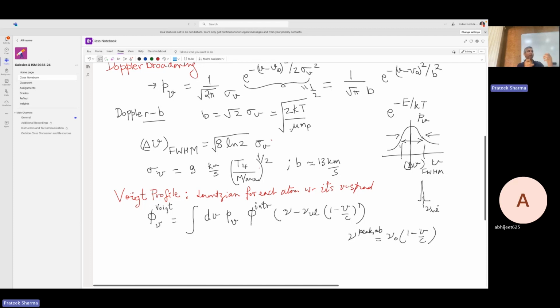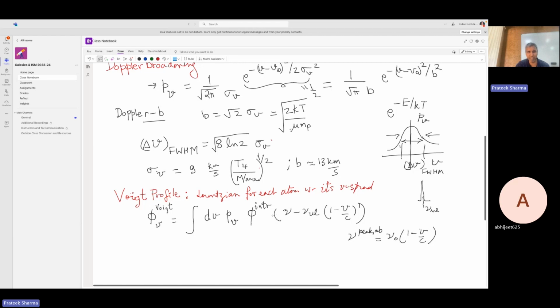If atoms are moving towards the source, they will absorb at a lower frequency. In their own rest frame, they will absorb at the intrinsic frequency, but that is related to this velocity through this.